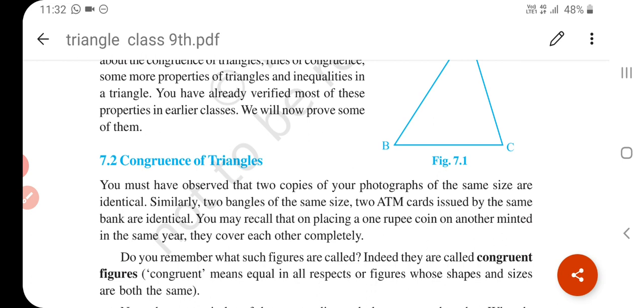Objects that have exactly the same shape and the same size are called congruent to each other. Suppose a 5 rupees coin is the same as another 5 rupees coin, and a 10 rupees note is the same as another 10 rupees note, and so on. They are called congruent figures.